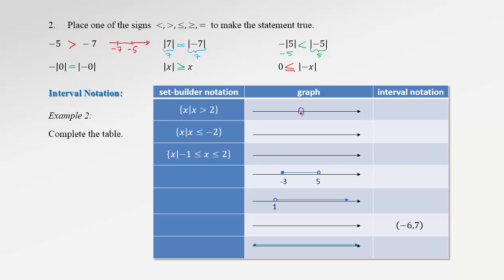However, we mark it with an open, hollow circle like this, just because the 2 is not taken, because we don't have the equal sign. So that will be number 2, and now we're talking about all numbers that are larger than 2. So we mark it above the number line like this with an arrow to the right, and we can shade this set. So this is a graph of the set of all numbers larger than 2.